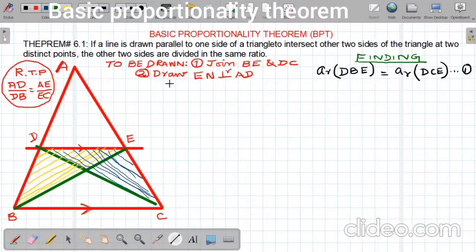Now, next thing we are going to do is draw a line EN perpendicular to AD. We have drawn this.